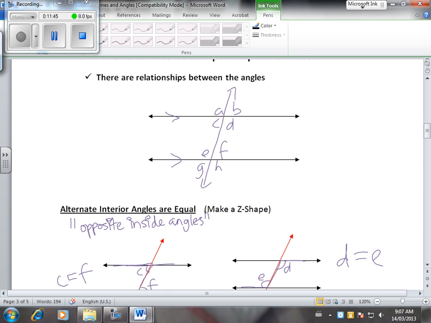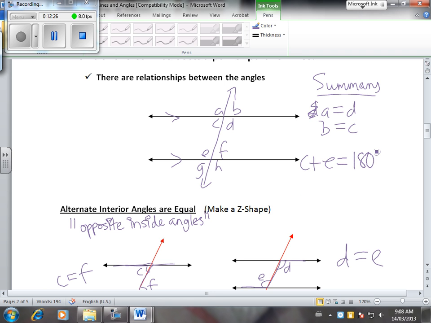Okay, so let's go back up and summarize on our original diagram here. So let's write a summary. If we look at vertical angles are equal, we know that A equals D and B equals C. And we also know that C plus E, sorry, not A, E, C plus E will equal 180 degrees.